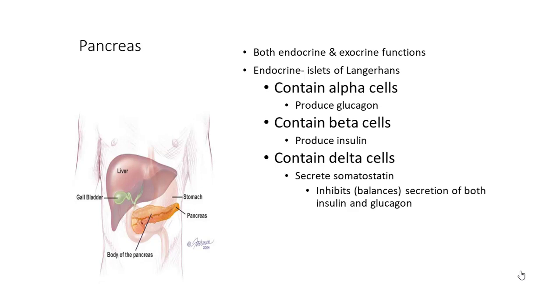The alpha cells produce glucagon. The beta cells produce insulin. And the delta cells secrete the somatostatin, which actually kind of balances the secretion and the production of insulin and glucagon. So alpha's glucagon, beta's insulin, and the delta cells balance everything out.